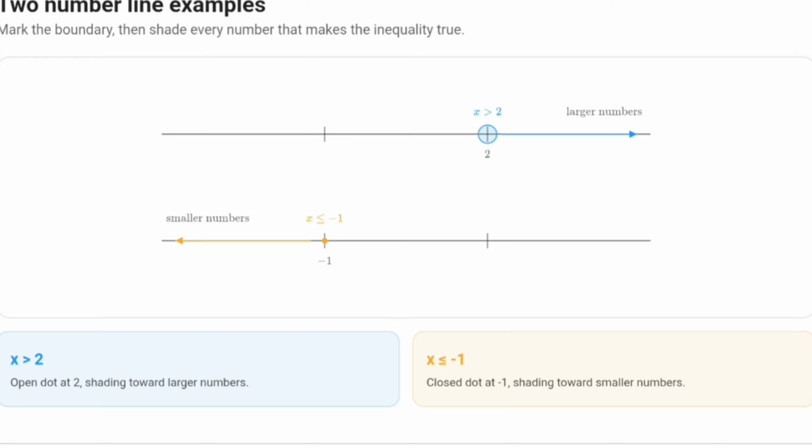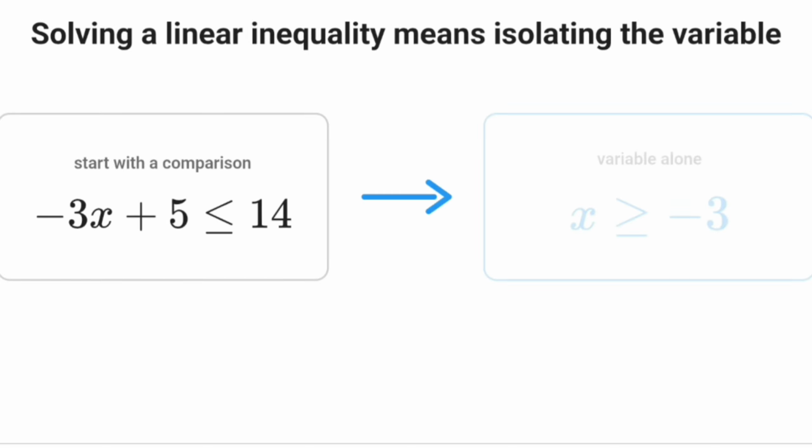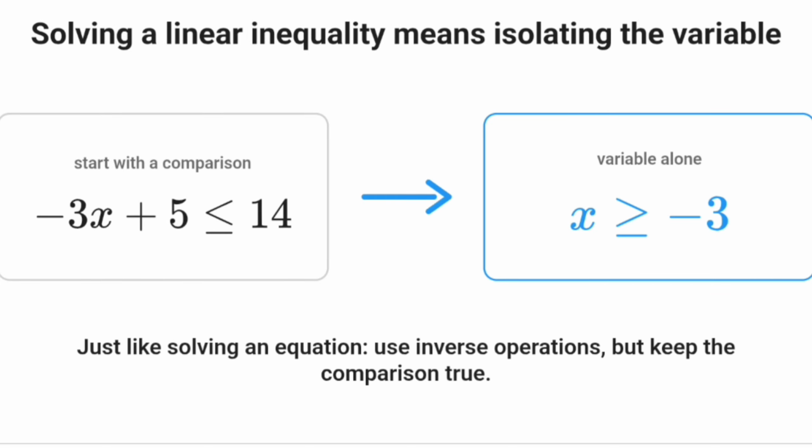For example, x > 2 has an open dot at 2 and shading towards larger numbers, while x ≤ -1 has a closed dot at negative 1 and shading towards smaller numbers. Solving a linear inequality means isolating the variable while keeping the comparison true.